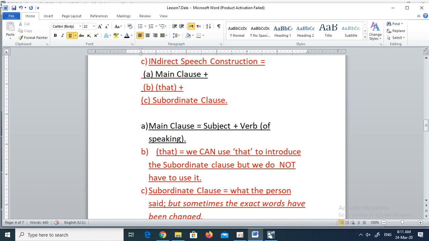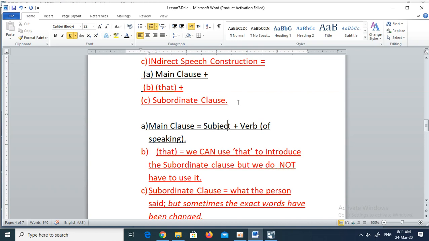So you can use the that if you want, but you do not have to. And then there is a subordinate clause, the third part of the construction. And the subordinate clause is the words that the original speaker had used.